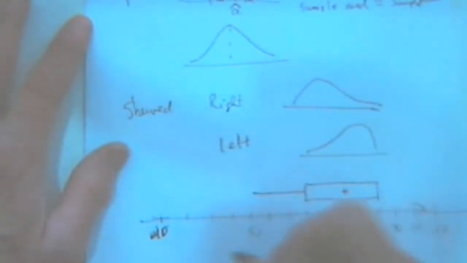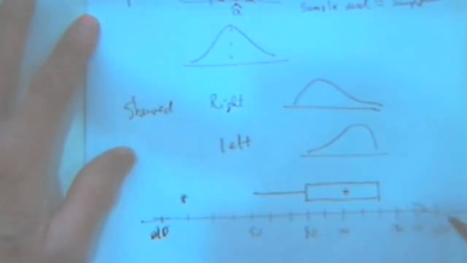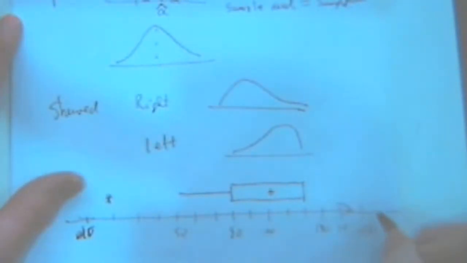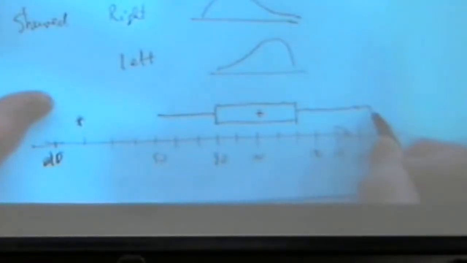Put a star in for the outlier. Then the upper tail goes to the max. So no outlier, the max is 156. Any questions about that?